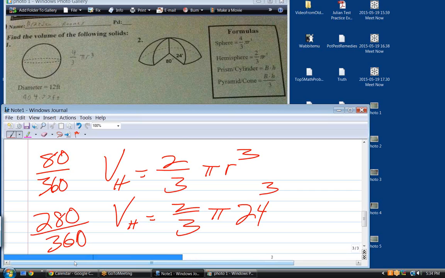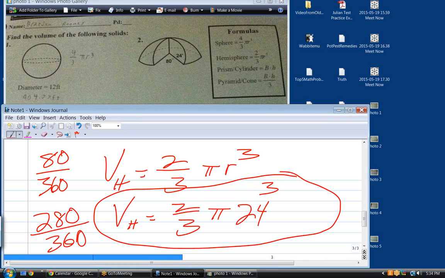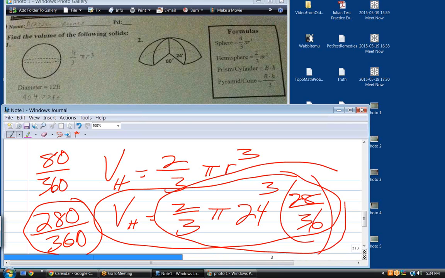You see that? Yeah. So we're going to take this volume that we got from the entire hemisphere and multiply it by this fraction, because that's the fraction of the hemisphere that we have. 28 over 36. So there's your answer once you convert that to a number. You have your calculator? Let me grab that real quick.